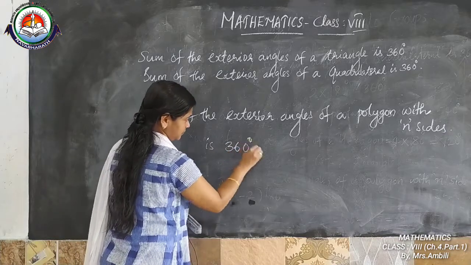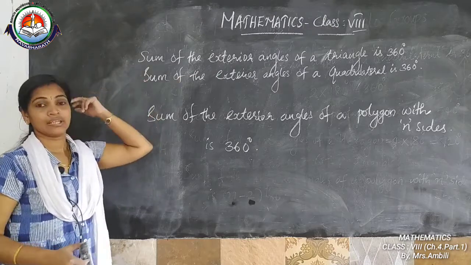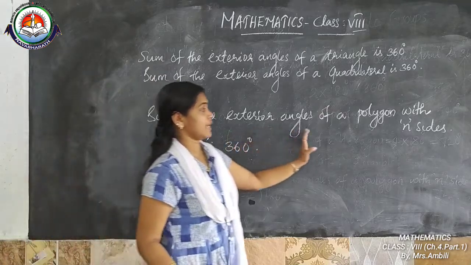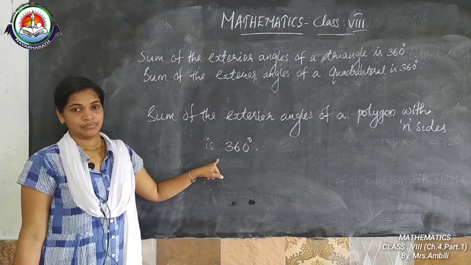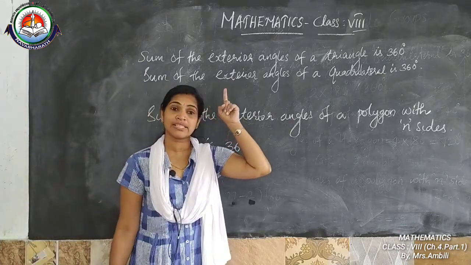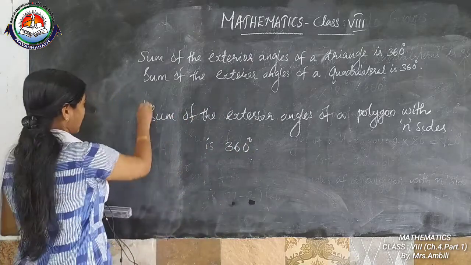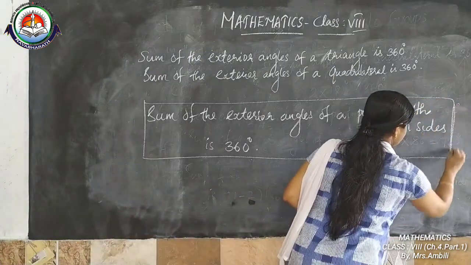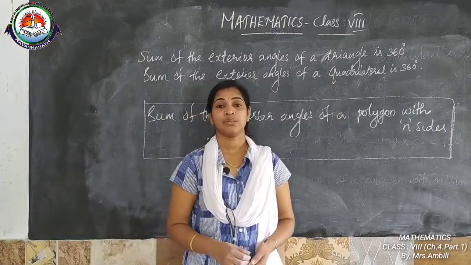It is 360 degrees. Okay, if it is any polygon, a triangle, quadrilateral, pentagon, hexagon, octagon, whatever it may be, the sum of the exterior angles of a polygon with n sides is 360 degrees. Clear? Okay, then what is the sum of the interior angles of a polygon with n sides? n minus 2 into 180 degrees. And the sum of the exterior angles of a polygon with n sides is always 360 degrees. Clear? Okay, then we can do some problems.